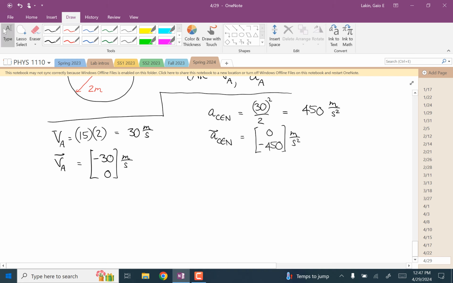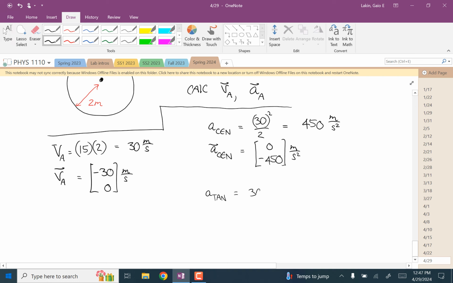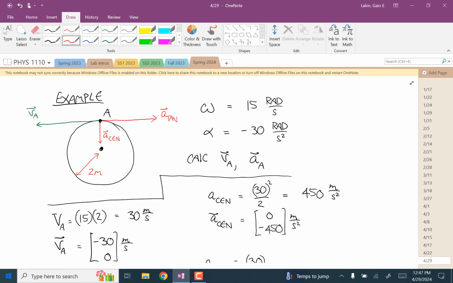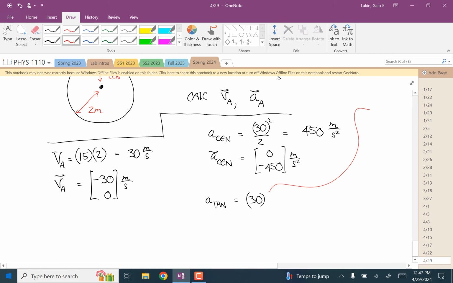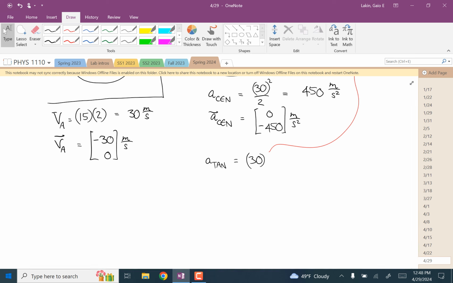Then the tangential acceleration, the magnitude is 30. This is the 30 from up here, not the 30 that happened to come from the speed. Times r, so that's 60 meters per second squared.